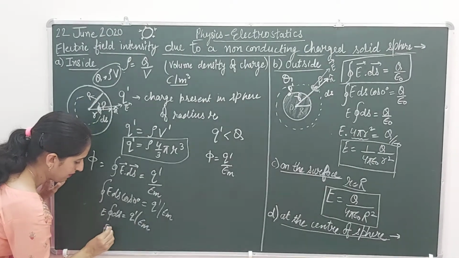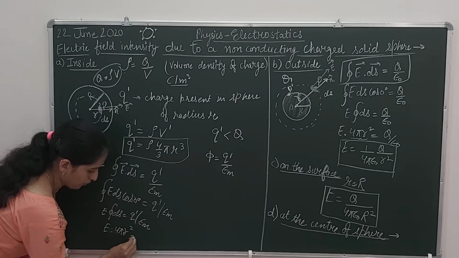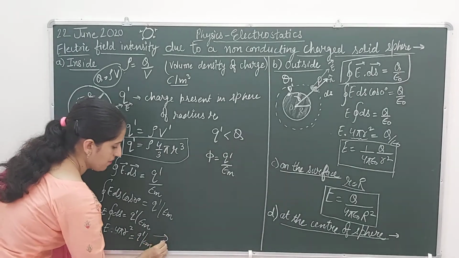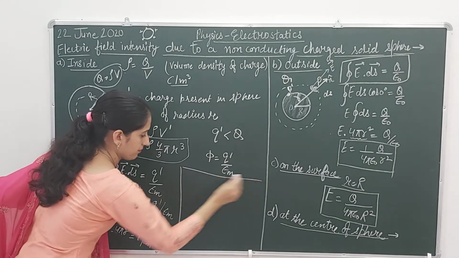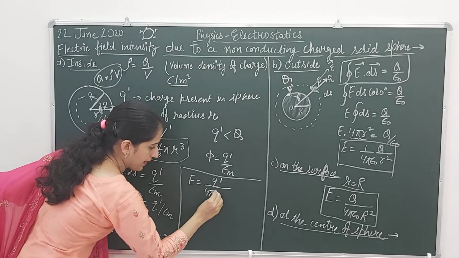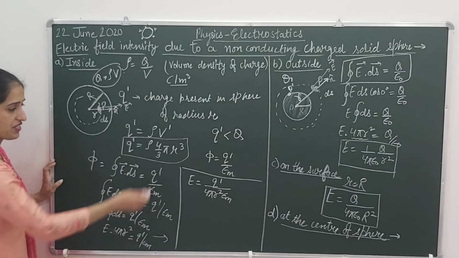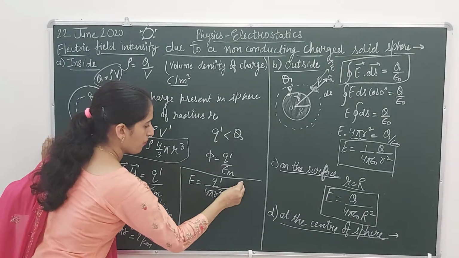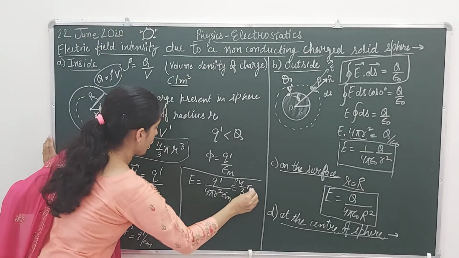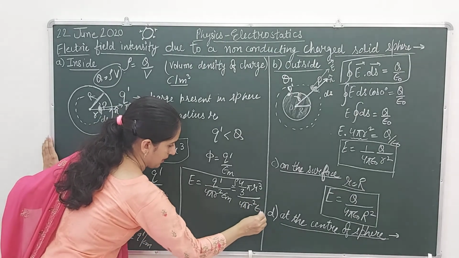So E into 4 pi r square equals q dash upon epsilon m. From this equation, I get E equals q dash upon 4 pi r square epsilon m. Now putting the value of q dash, I get rho into 4 by 3 pi r cube upon 4 pi r square epsilon m.